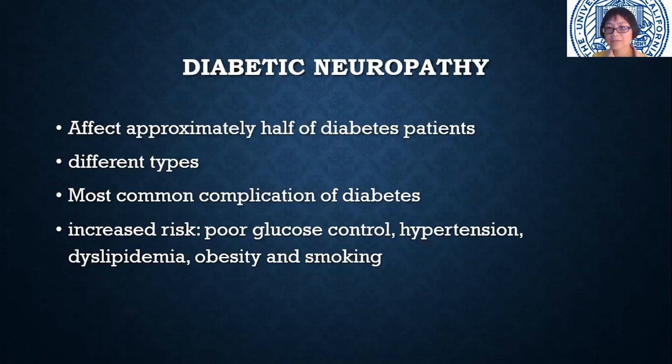Then what are the risks for the patients with diabetes to develop a neuropathy? So first of all, the poor control of the glucose level. So it's always important to track the glucose level and make sure the glucose has been under good control to reduce the risk of diabetic neuropathy if a patient has diabetes.